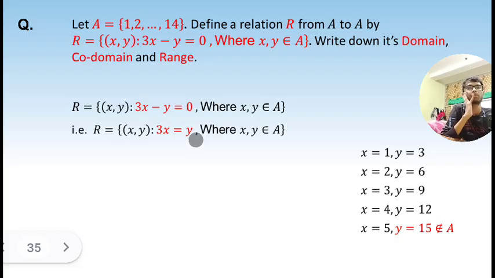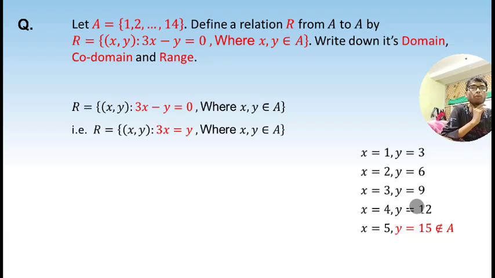If we put 2, then we will get 6 as y. If we put 3, then we will get 9, then 4 gives 12, then 5 gives 15.